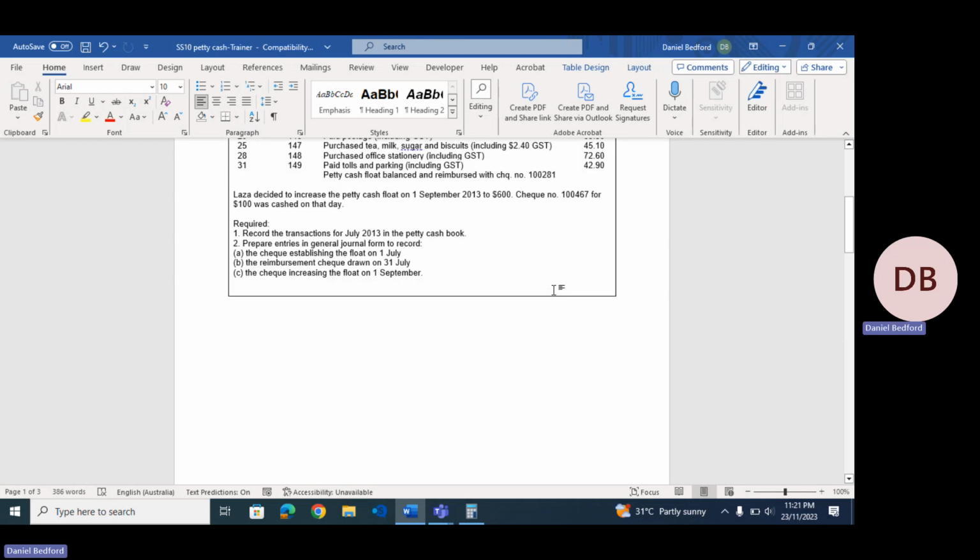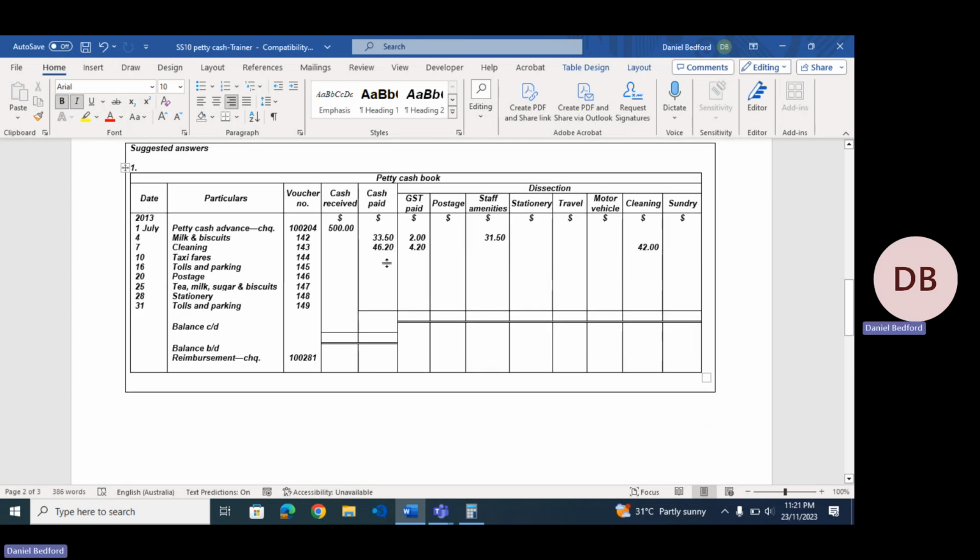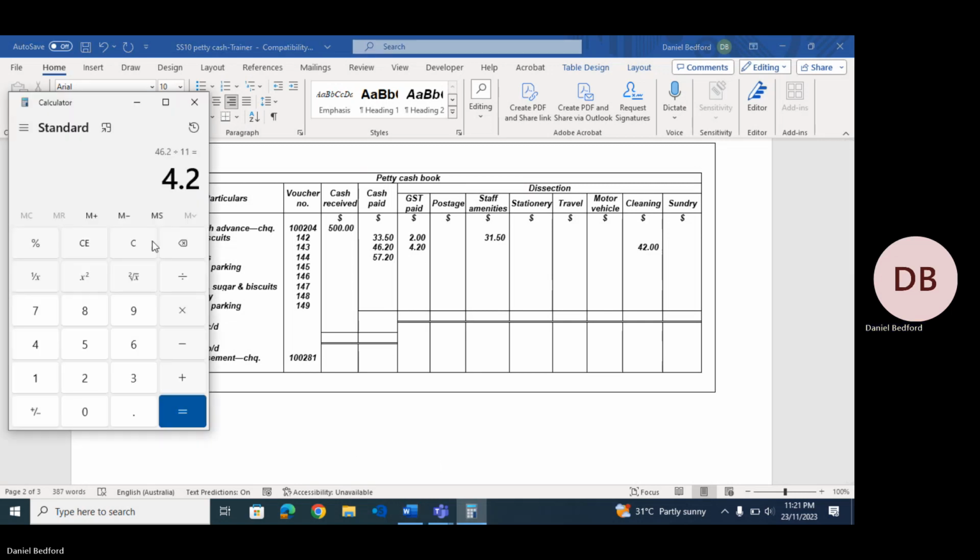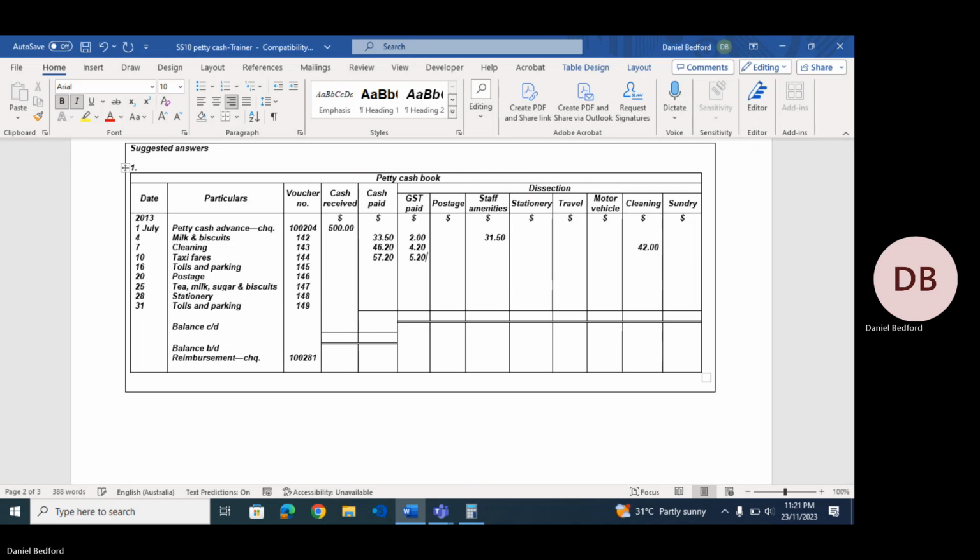Just need to take that number, bring it down here. 57.20. The GST, $5.20. And that means our travel will be $52 flat.